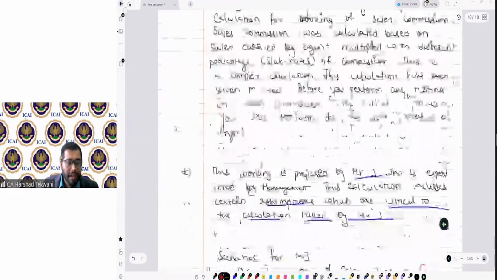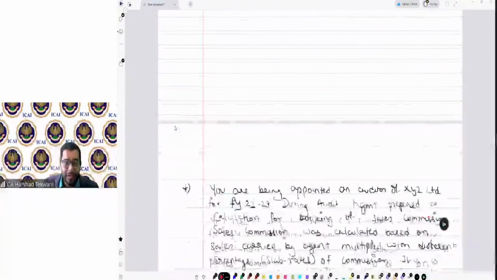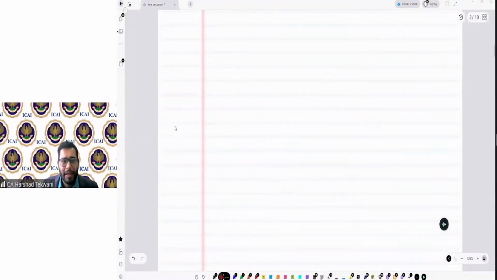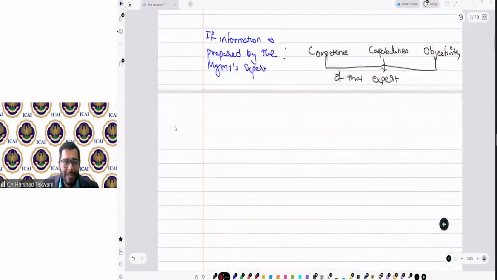So, if these are the scenarios and I have a question on these, the standard says that first you verify these three things: CCO, that is competency, capability, and objectivity of the expert, and then you proceed further with respect to your working and the information that has been provided by the management expert.